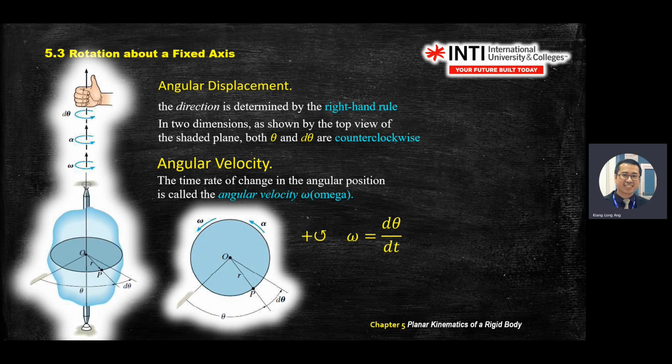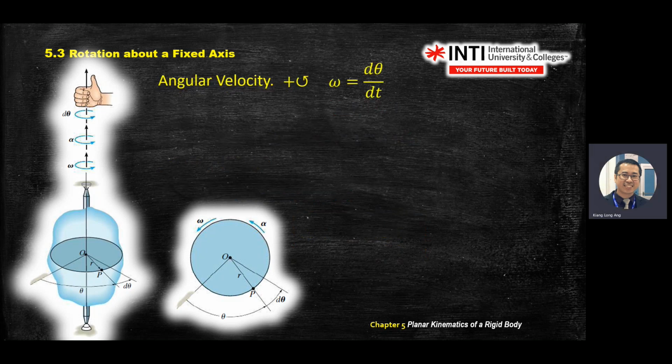Okay, start applying right-hand rules already. And the unit, you start to use radian per second, no longer meter per second. Radian per second.